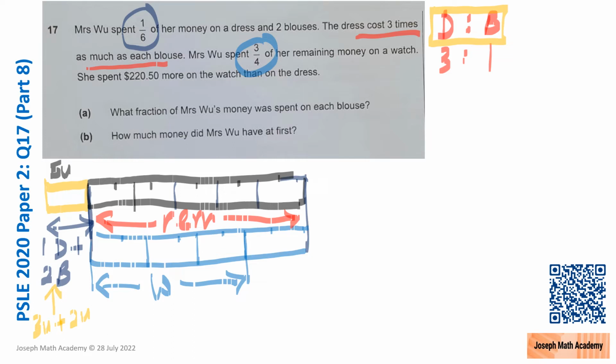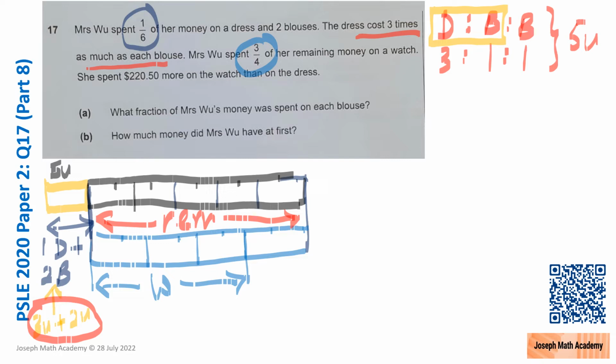Simply because 3 plus 2 is 5. Let me write it down clearly for you. Another blouse here. Yep, so that is 5 units, the first 5 units spent on a dress and 2 blouses.